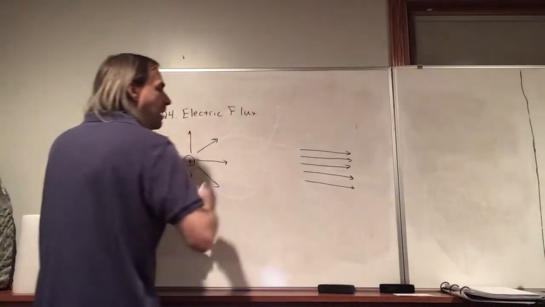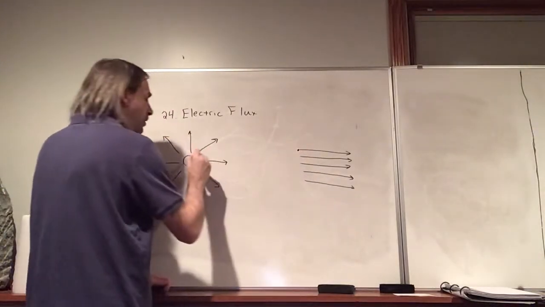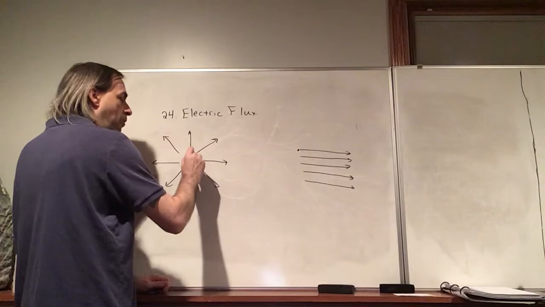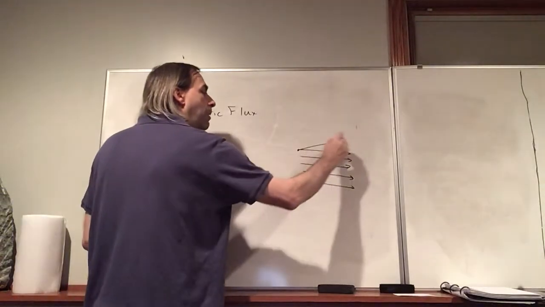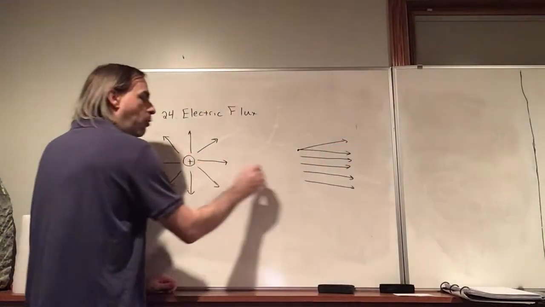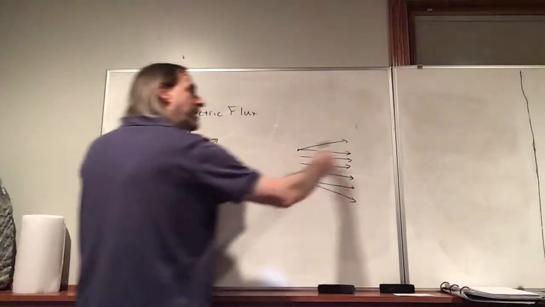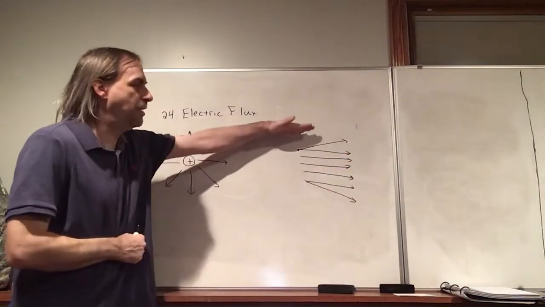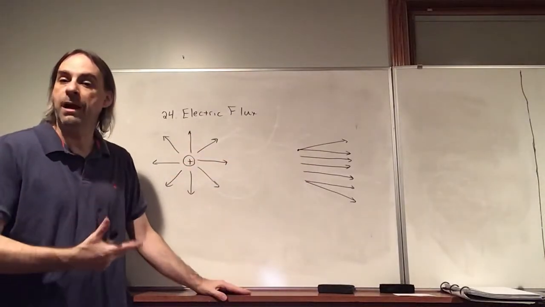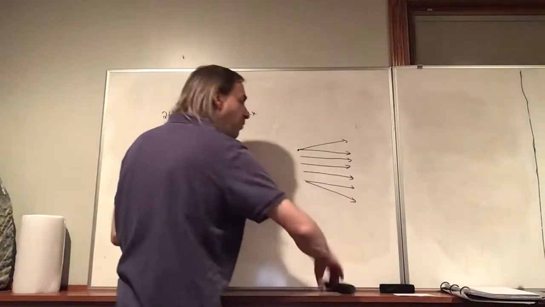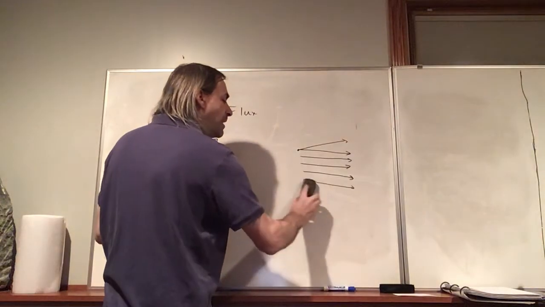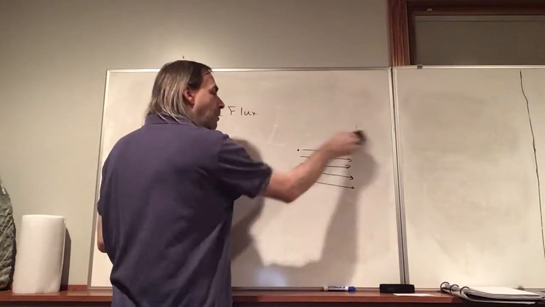So again, if we look at this point here, it should be going in a line directly away from this charge, so it'd actually be going in that direction. And this point here would be going in that direction. But if we increase the distance, these angles get closer and closer to being parallel. So if we go far enough away, we can say that these lines are basically parallel to each other.